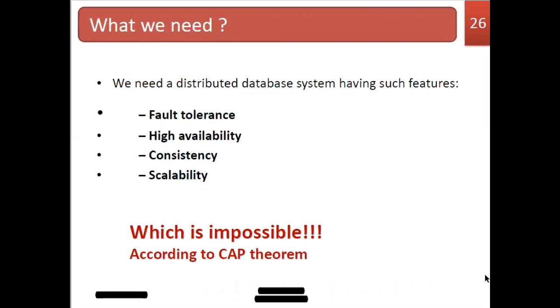These 4 features are very much required if you are working with databases. The normal relational database management system can provide 1 or 2 features, and the distributed database can provide 1 or 2 features. Getting all 4 features in a single system or a single database environment is highly impossible. So we call it the CAP theorem.